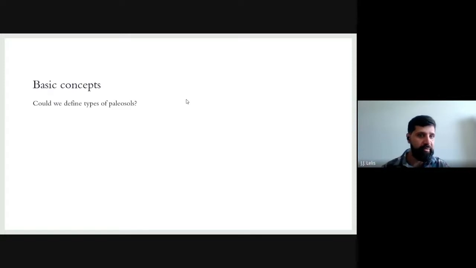We will discuss this in the next class. We can see changes in color, texture, structure, and several other properties that don't let us classify paleosols using the same criteria we use for modern soils. So we usually do that, but it's not easy, as you said.